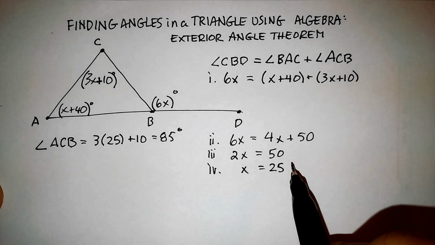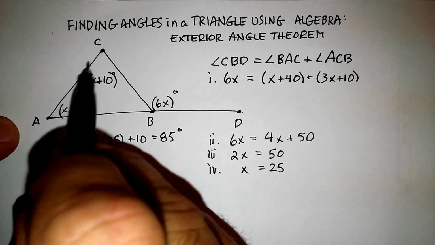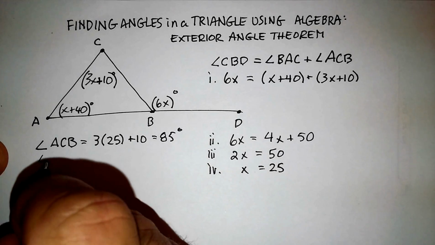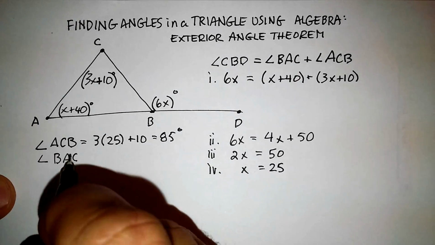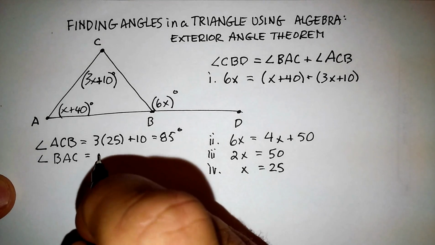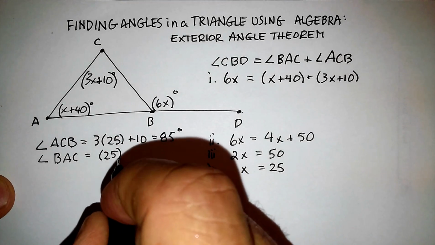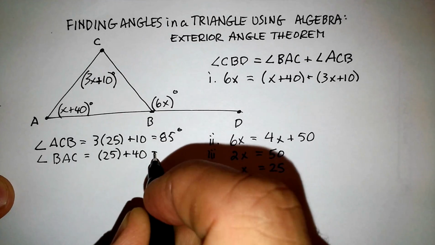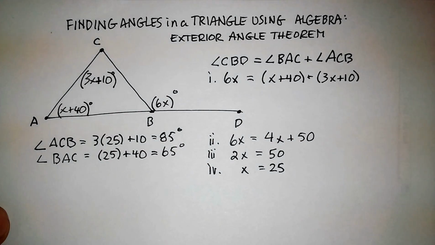Okay? Let's plug it into this angle now here, which is angle BAC. So angle BAC will be equal to 25 plus 40, which is equal to 65 degrees.